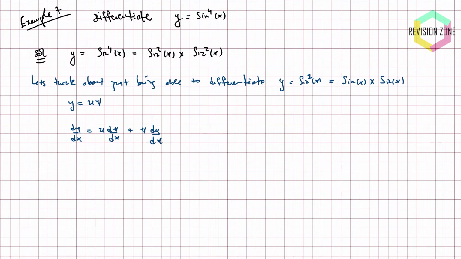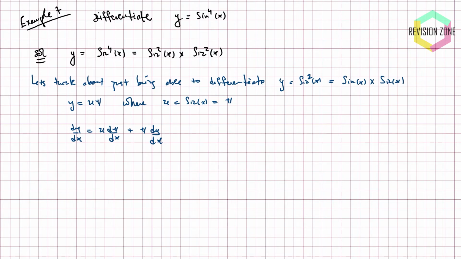Okay, so in this case, I can take my u to be sine x, and of course my v can be taken to be the exact same thing, and that would guarantee that my uv is actually sine squared x, for the y in blue here, of course.